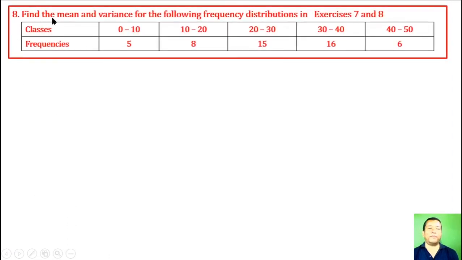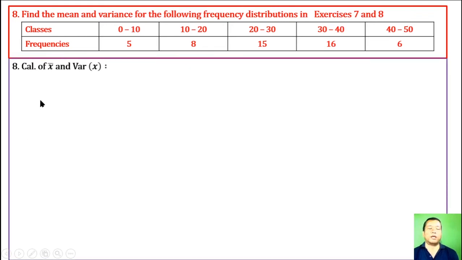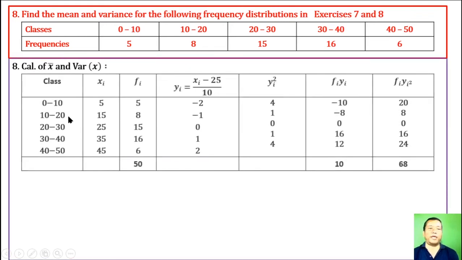Number 8, find the mean and the variance for the following frequency distribution in exercises 7 and 8. So this is a continuous frequency distribution. We make columns for calculation of mean and variance: class, this is mid value, this is frequency. Introduce new variate yi equal to xi minus the assumed mean, 25.